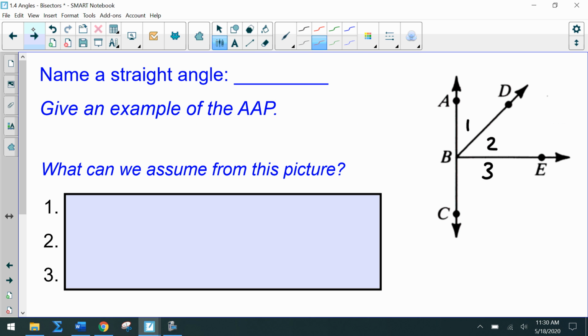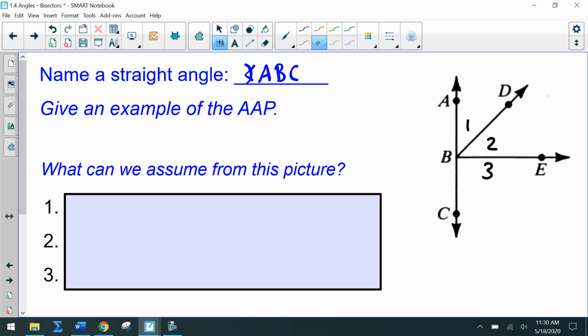Okay, in this diagram, I want us to name a straight angle. Think about what a straight angle would be and how we would name it. The straight angle I see here is angle ABC. The way we name that angle, we still have to name using these three points, where the vertex is in the middle.